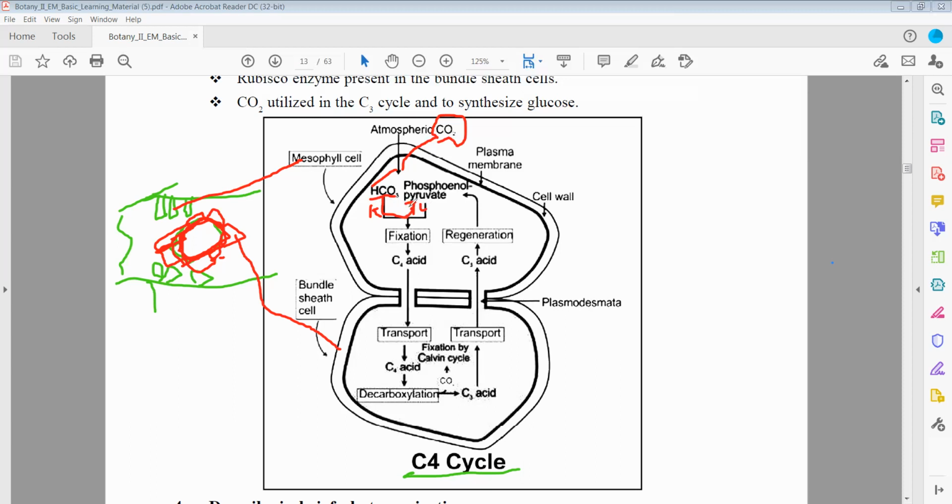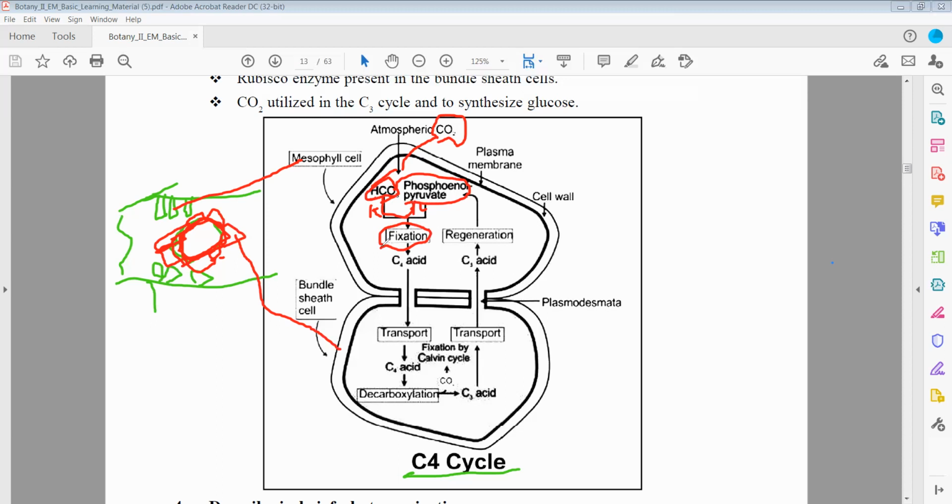So 1 carbon and 3 carbons, and fixation is carried out. HCO3 binds with phosphoenol pyruvate. HCO3 has 1 carbon, PEP has 3 carbons. So this is called fixation.